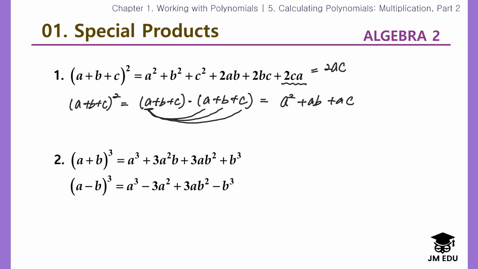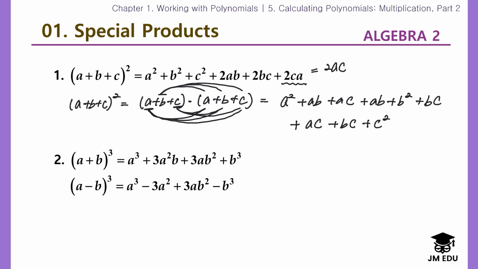Now starting from b times a is ab, b times b, that's b squared, b times c, that's bc, plus, now starting from c times a, that's ac, c times b, that's bc, c times c, that's c squared.